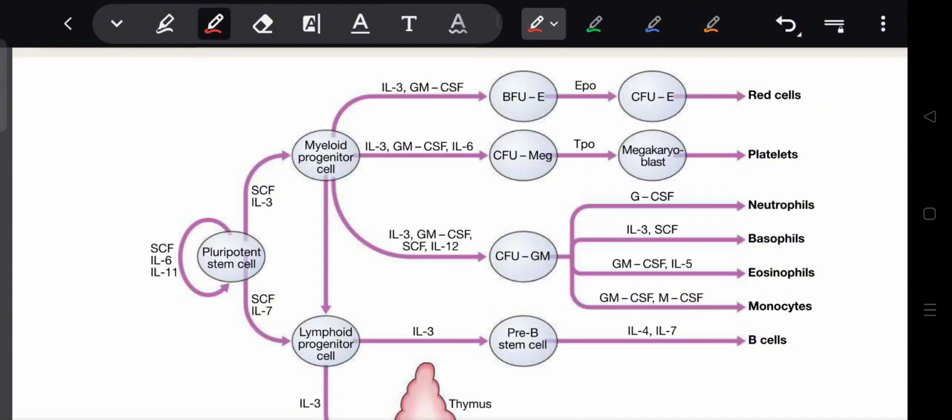Stem cell factor, interleukin 6, interleukin 11 and interleukin 3 stimulate the pluripotent stem cell and the myeloid progenitor cell. Granulocyte-monocyte colony stimulating factor acts on the myeloid progenitor.